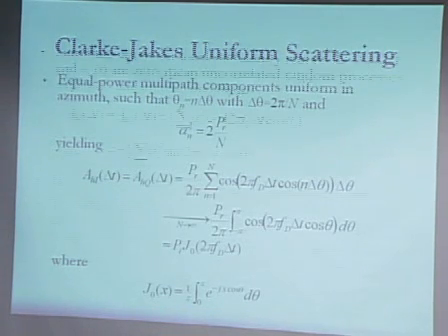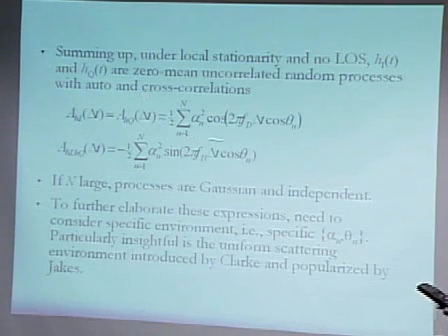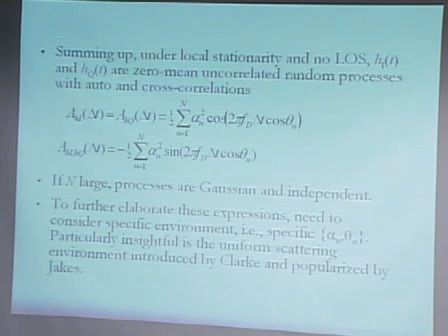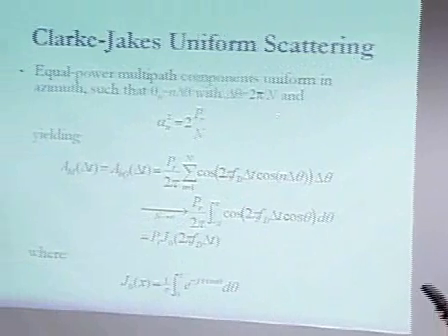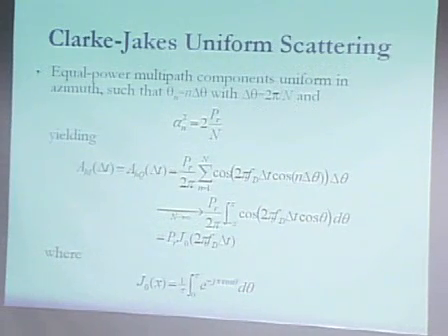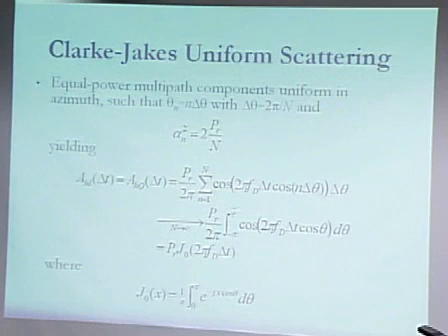Looking at this formula, we're just going to put alpha_n squared equal to 2 P_R divided by N, capital N. To be clear with the notation, that's the amplitude squared, which is the power. And the thetas here are going to be 2 pi divided by N. Okay? So we're going to get something like this.